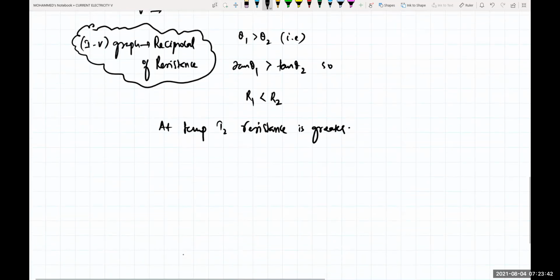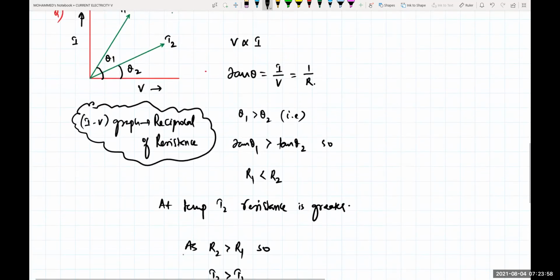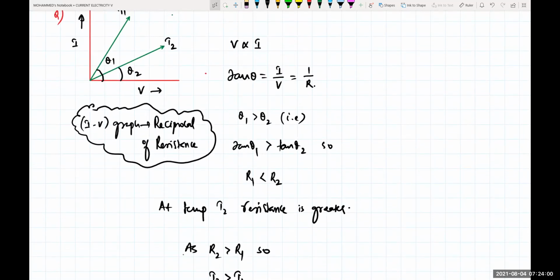So R2 is greater than R1. So I can say that T2 will be greater than T1. Clear? Is it clear? Okay.